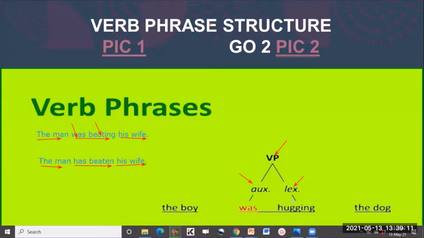And so when we look at the structure of the verb phrase, we have the auxiliary combined with the lexical or the main verb that forms the verb phrase. Now, it is possible for us to have a structure that is more than two verb elements.